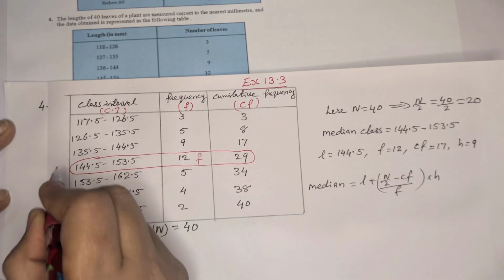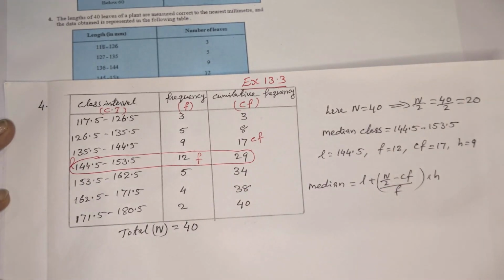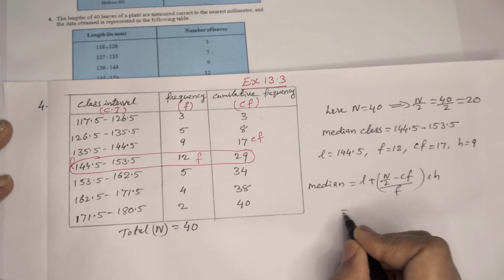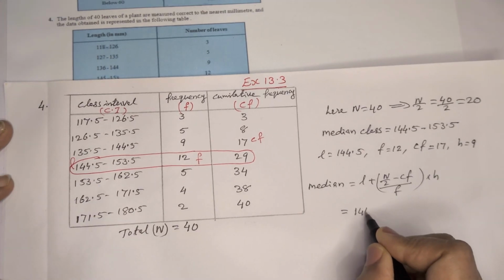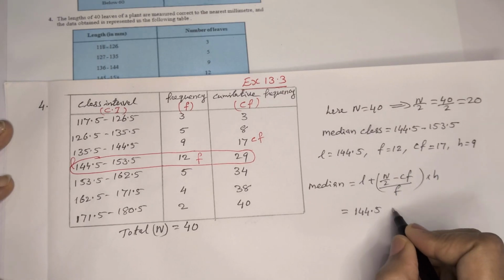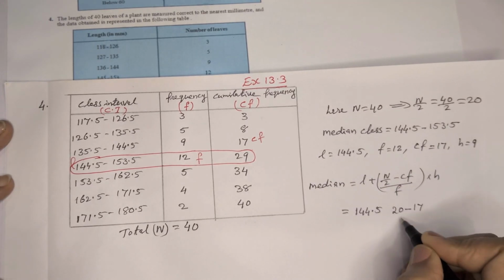This gives the frequency, lower limit and cumulative frequency. So median is equal to L plus (N by 2 minus CF) by F into H. We can put the values here. L is 144.5. N by 2 is 20. Cumulative frequency is 17.